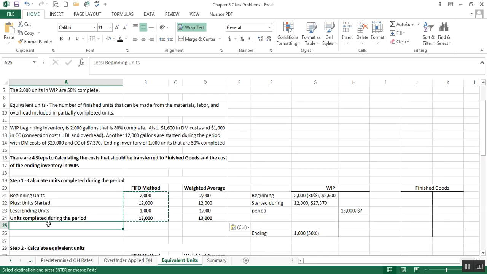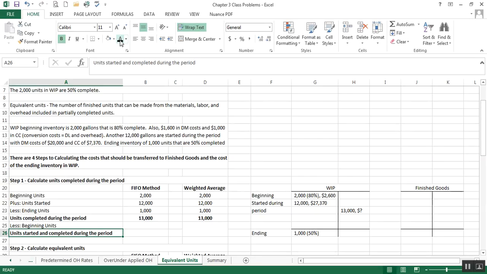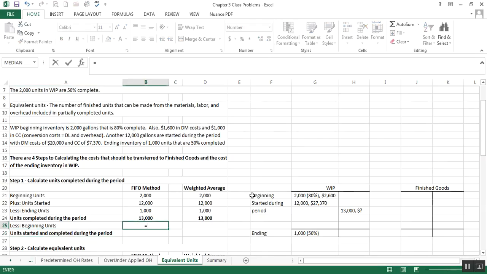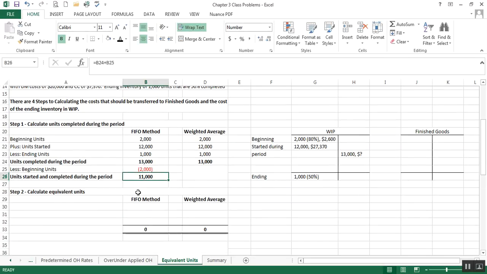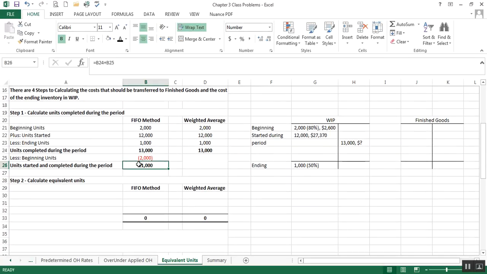Therefore, we're not going to include our beginning inventory in our equivalent units calculation. So in order to get the units started and completed during the period, we're going to exclude our beginning units. Okay? So units completed and started during the period is going to be 11,000.